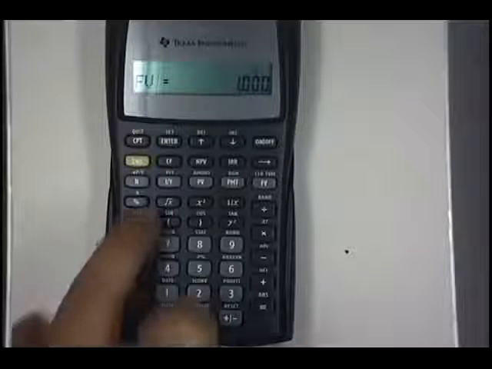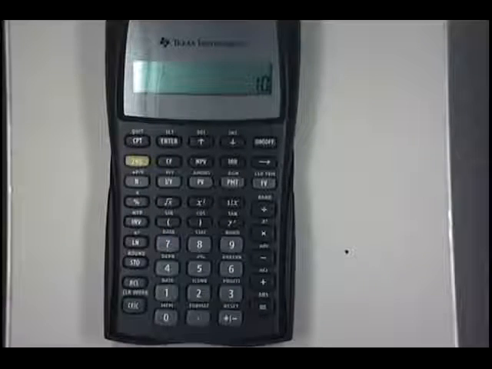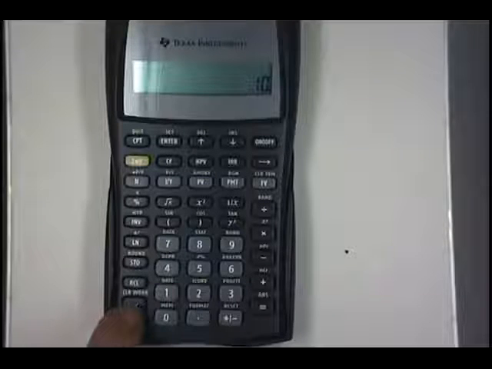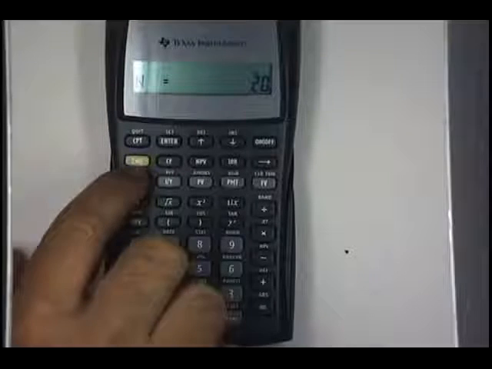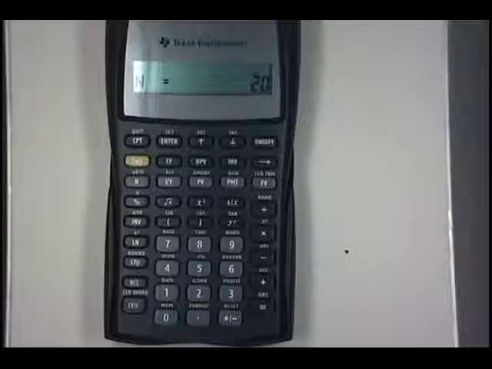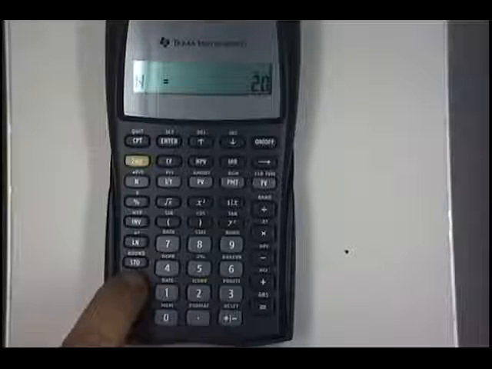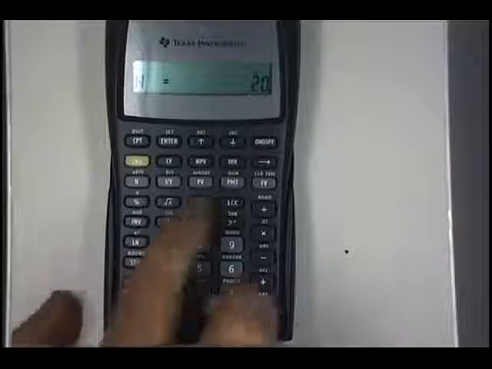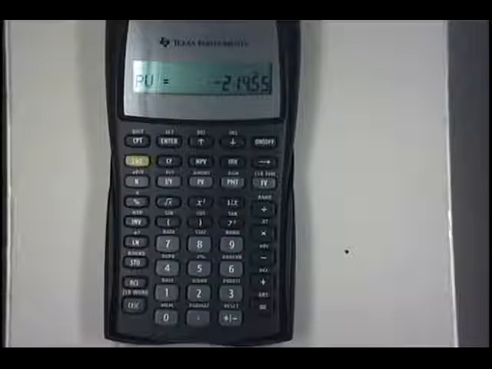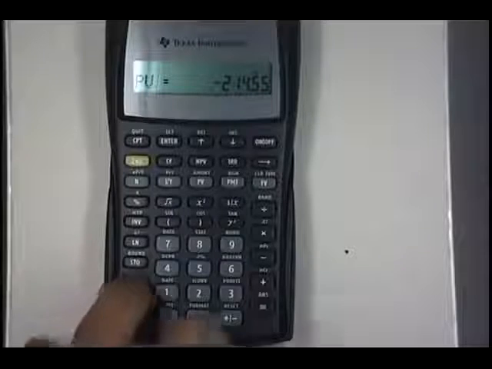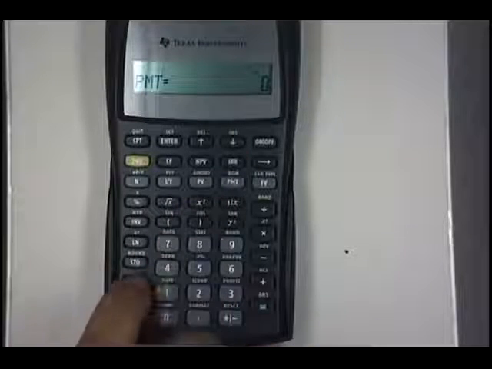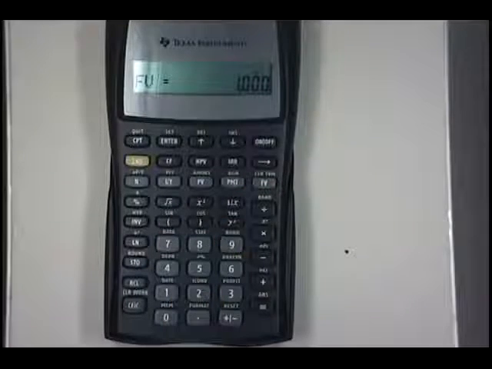Recall N was 20. I have 20 periods. Recall my present value. I have a negative $214.55. Recall my payment is 0. Recall my future value is 1,000.